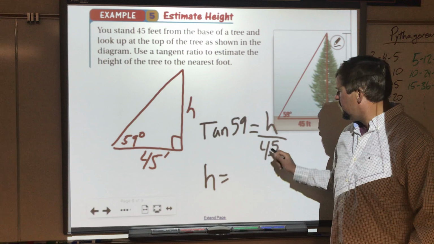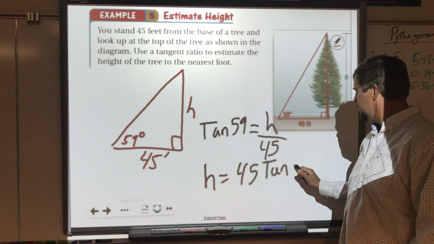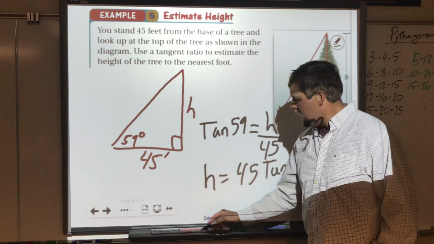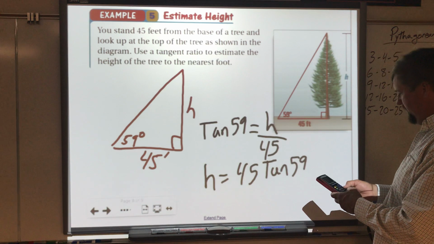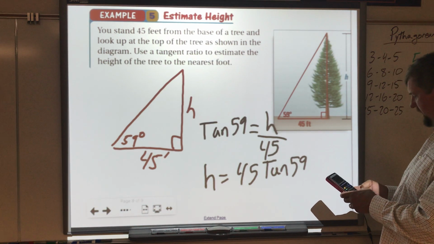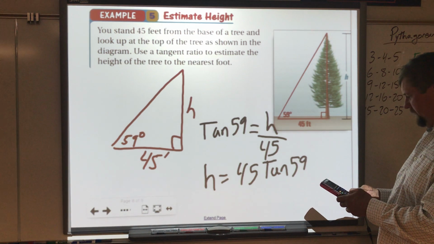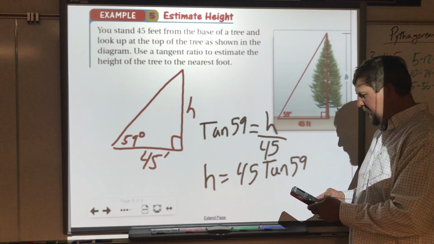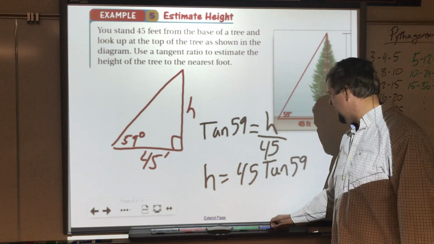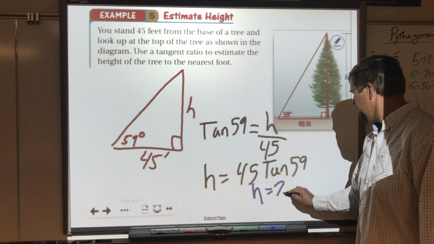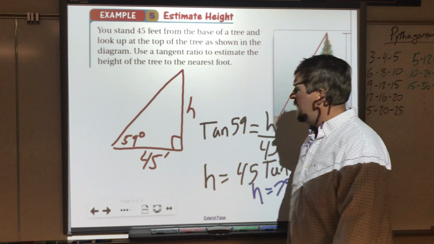So h is equal to, I'm going to multiply by 45, 45 times the tangent of 59. I'm going to type that in my calculator. 45 times the tangent of 59 is 74, let's see, to the nearest foot, so 75 feet. So that tree is 75 feet tall.